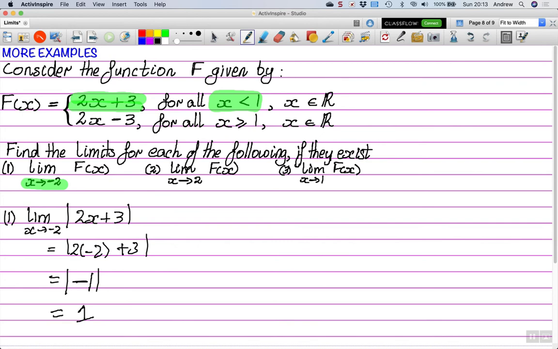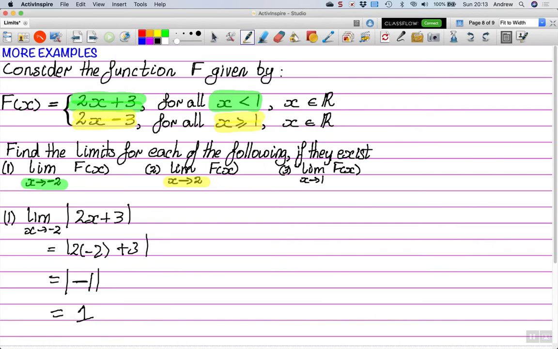We're now looking at the second problem, and the second problem is looking at x is greater than 2. So which of these two x values gives 1 greater than 2? It's this one. So now we're going to be using this formula.